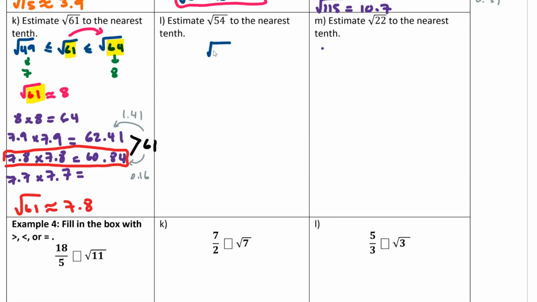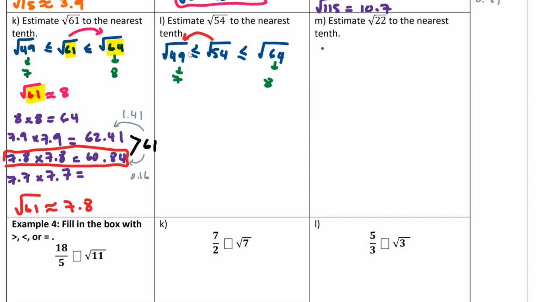Alright, L: square root of 54. So two perfect squares around 54 are 7 times 7 is 49, and 8 times 8 is 64. Okay, so the square root of 49 is 7, the square root of 64 is 8. 54 is closer to, I would say, 49, right?